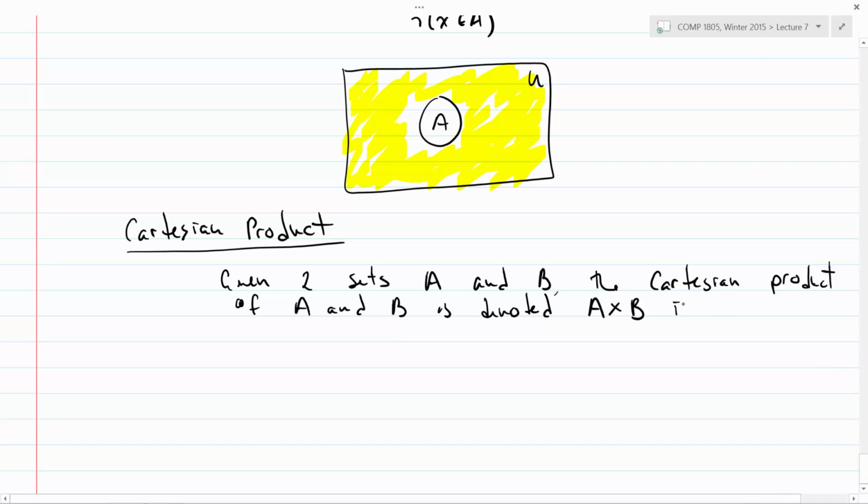And it's the set of ordered pairs where the first element of the pair is in A and the second element of the pair is in B.